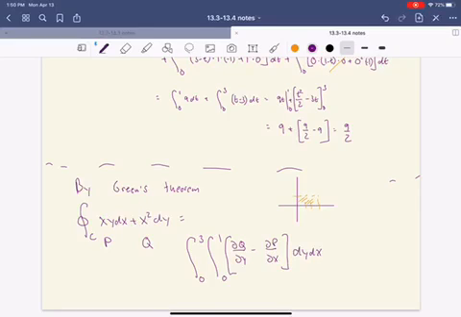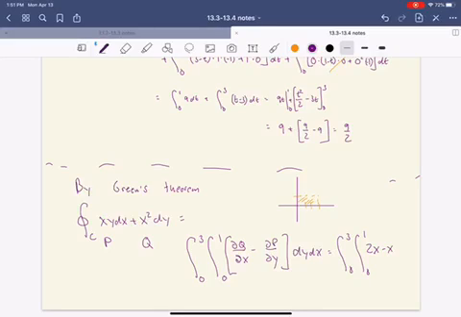I'm sorry, I mixed that up. Why do I always mix that up? It should be partial Q with respect to x minus partial P with respect to y. So partial Q with respect to x is 2x. Partial P with respect to y is x.